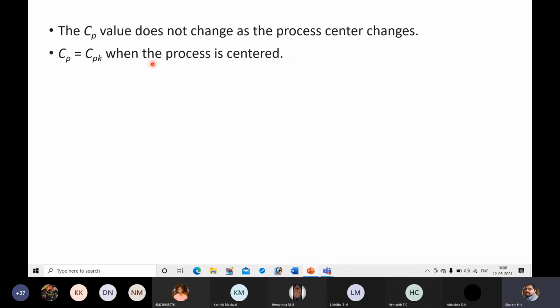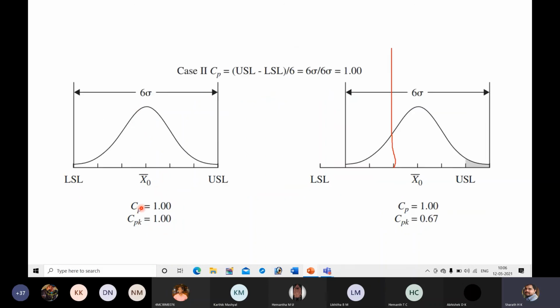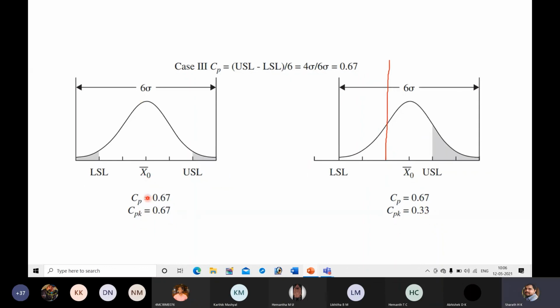Cp equals Cpk when the process is centered. In all the previous cases you can see, when the process is centered, Cp and Cpk values are the same. Here also the process is centered, Cp and Cpk values are the same. Here the process is not centered, it is off centered, and Cp and Cpk values are different.